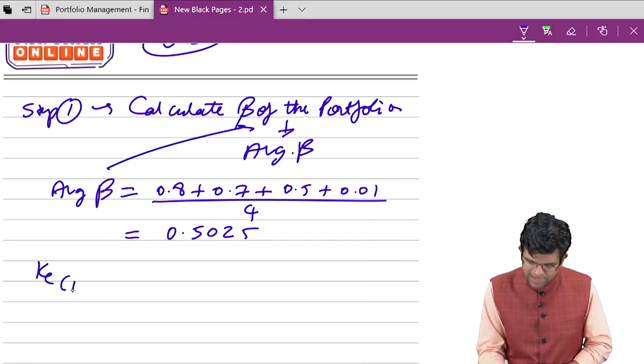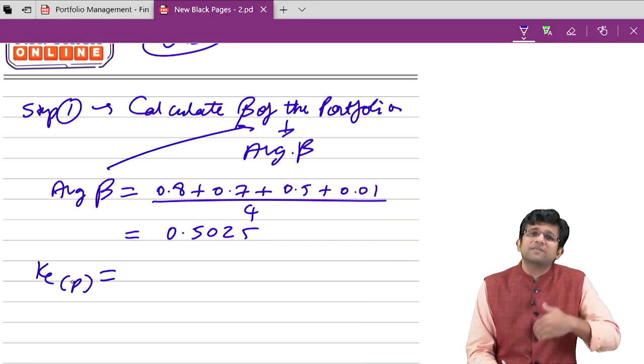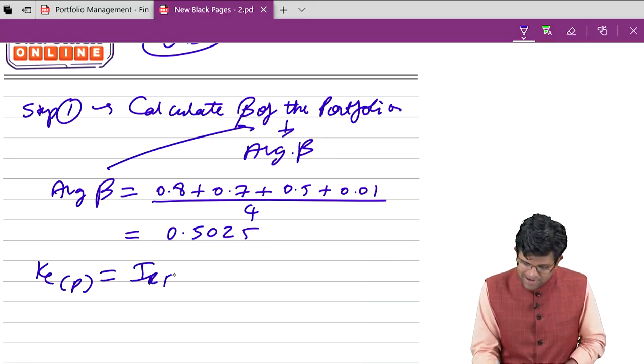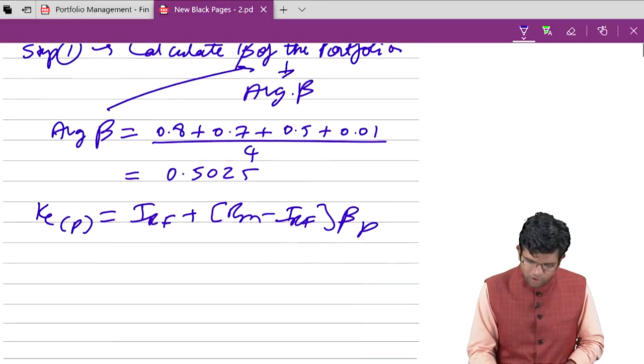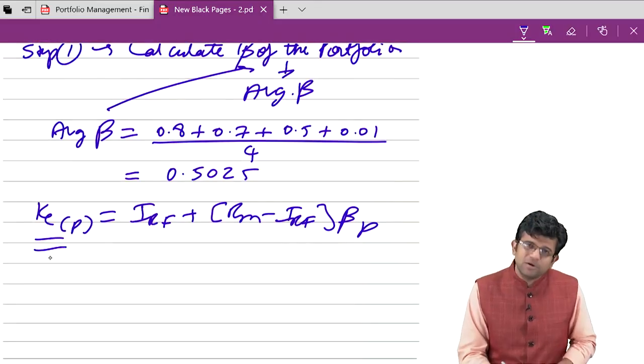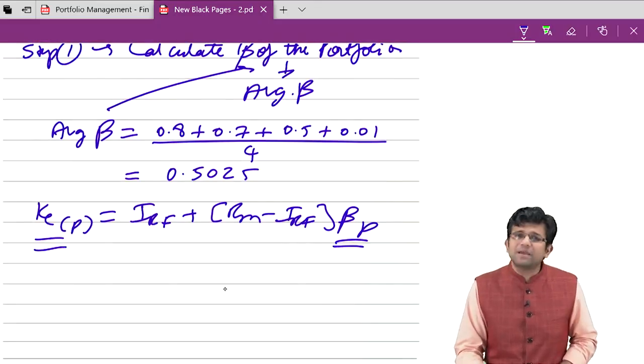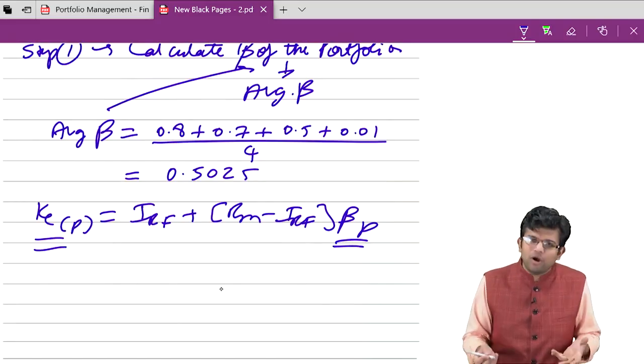So can I say KE for the entire portfolio, return of the entire portfolio will be IRF plus RM minus IRF into the beta of the portfolio. If we want KE of an individual security or a portfolio, just take the beta of that individual security or the portfolio.